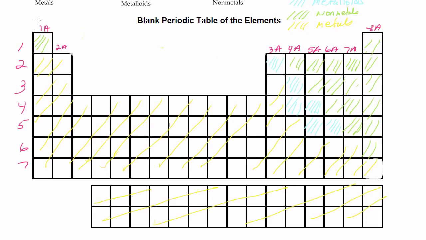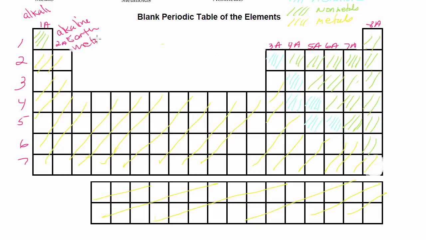And we know that group 1A, these are the alkali metals. These are the alkaline earth metals, group 2A. And then 7A are halogens, 8A are noble gases.